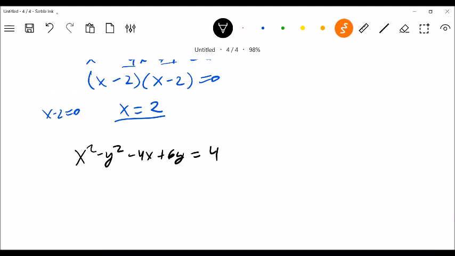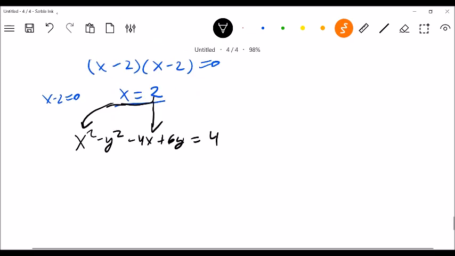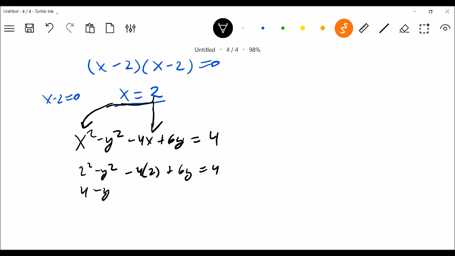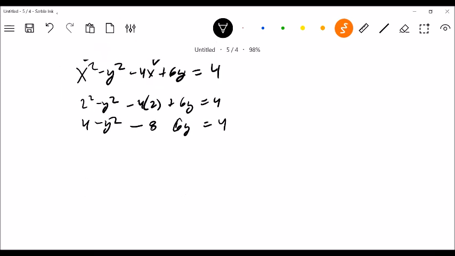And I'm going to put the 2 in both of those spots. So I have 2 squared minus y squared minus 4 times 2 plus 6y equals 4. So I get 4 minus y squared minus 8 plus 6y equals 4.